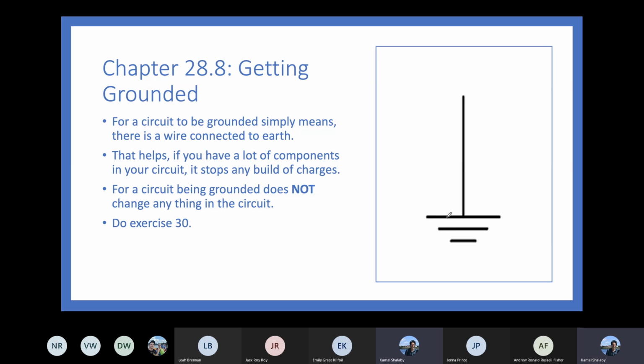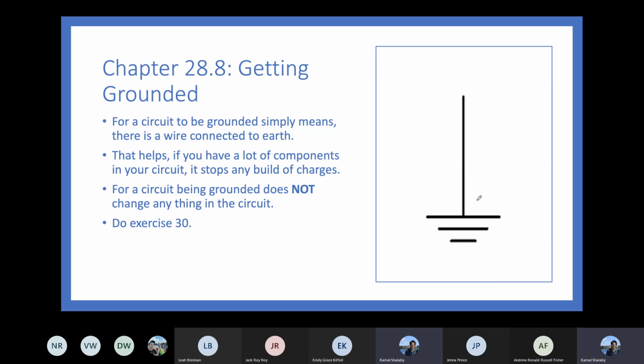Grounding is simply having a small wire connected to the earth, which is why it's called grounding. It really helps because if you have a circuit with a lot of components, charge can easily accumulate on them, so you need some sort of release for those charges. That's where the grounding comes in.